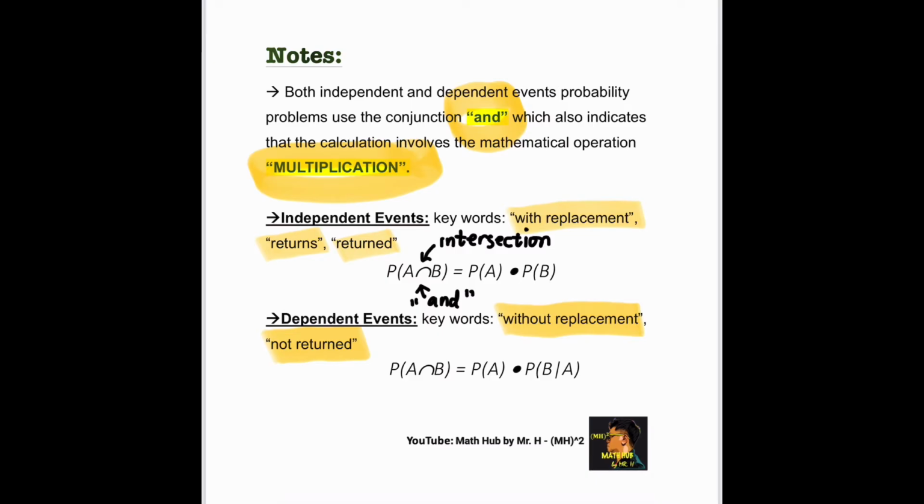Okay, so at the onset of the question, if you see either of them, definitely this question is about probability of dependent events. Like what I mentioned earlier, there is going to be a separate formula for dependent events, and the formula is here. We have probability of A and B equals probability of A times the probability of B given A.